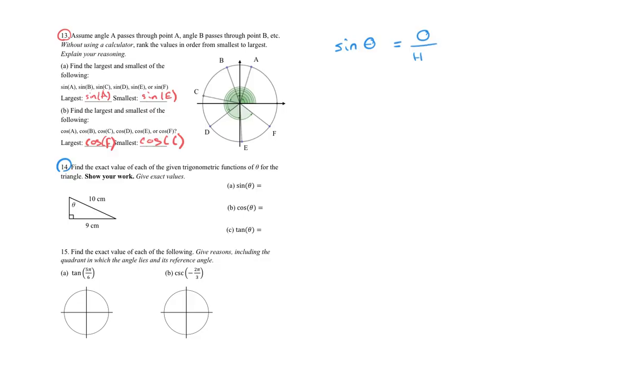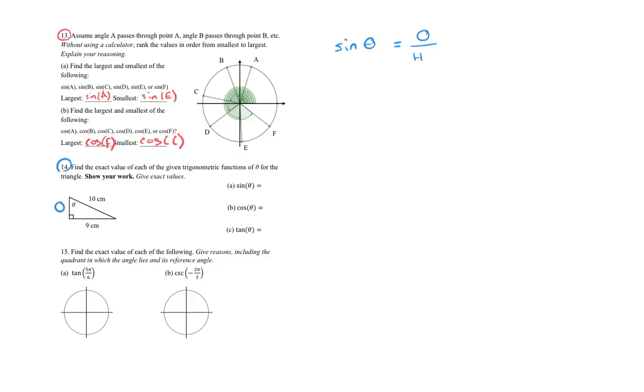If we look at our triangle here, this is our opposite side, so I'm going to label it O for the time being. And this is our hypotenuse here. So we don't know what our opposite side is, but we know that our hypotenuse is 10. So we need to actually solve for what this opposite side is.